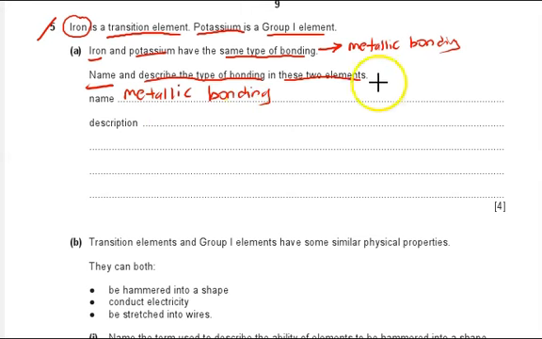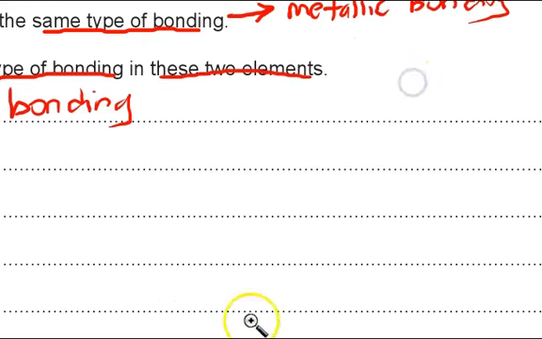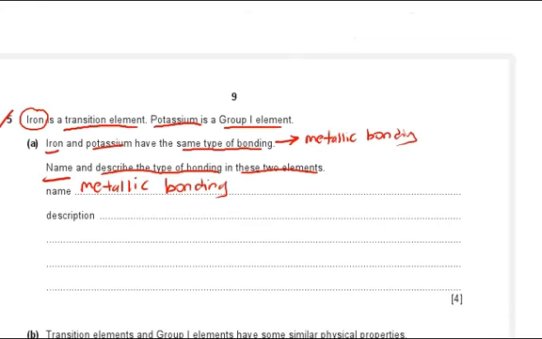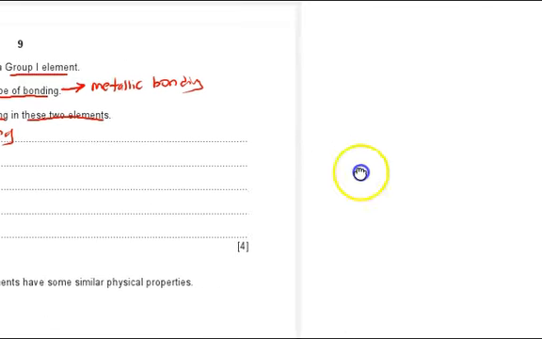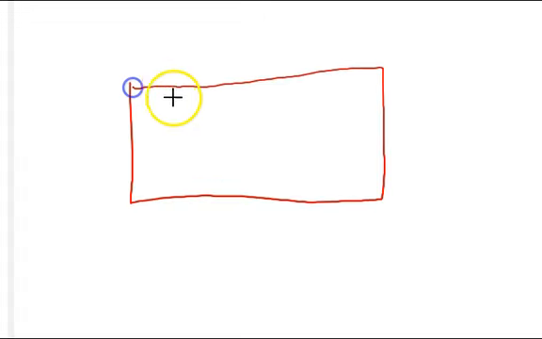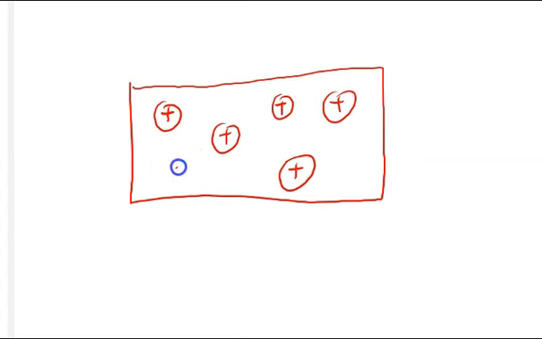Now for metallic bonding, the explanation will be something like this. Let me draw it here. You will have positive charges of the elements, the cations, and you have a sea of electrons all over.